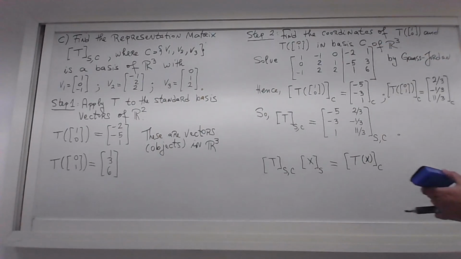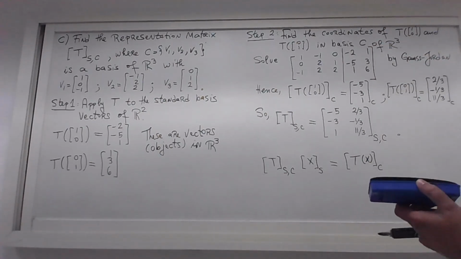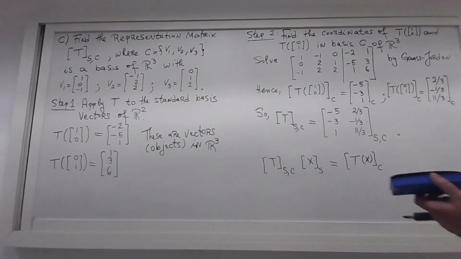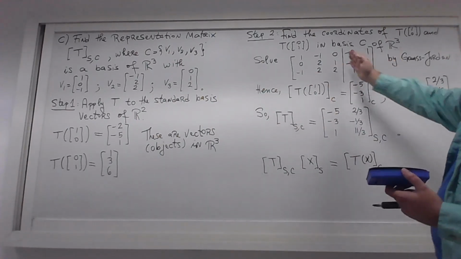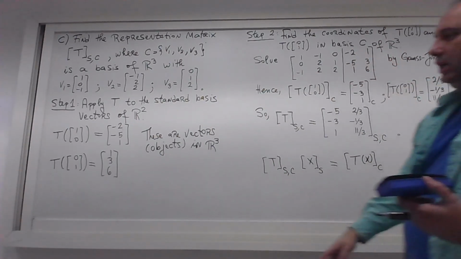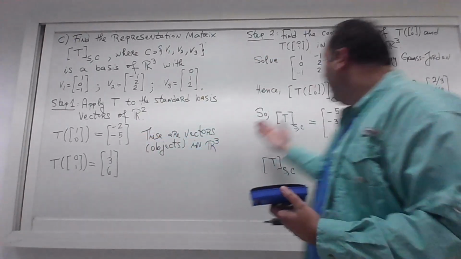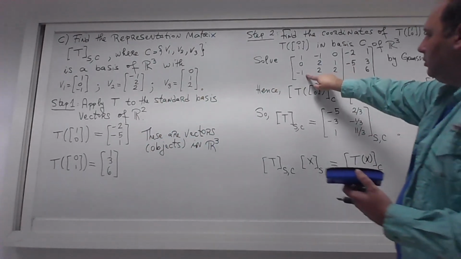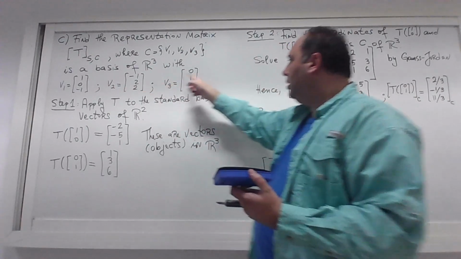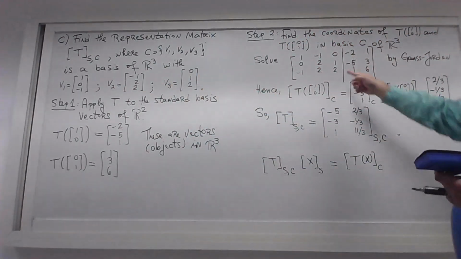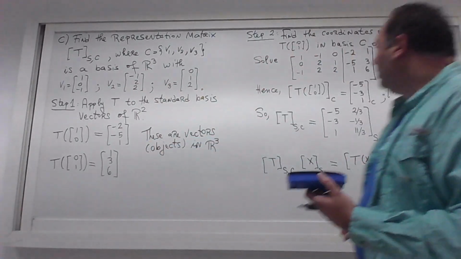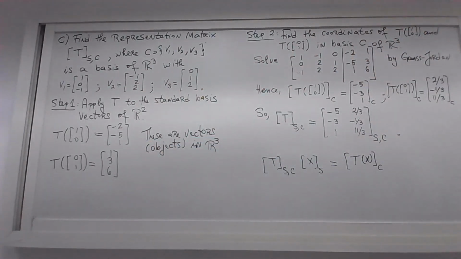So how do we find the coordinates of a vector in a given basis? Well, we need to solve the linear system by Gauss-Jordan. So we produce an augmented matrix, a big one, because we need coordinates for both vectors, and the matrix is the same. The first column is the first basis vector, the second column is the second, and the third column is the third basis vector. Then put the two vectors after the slash, and then have fun with Gauss-Jordan.